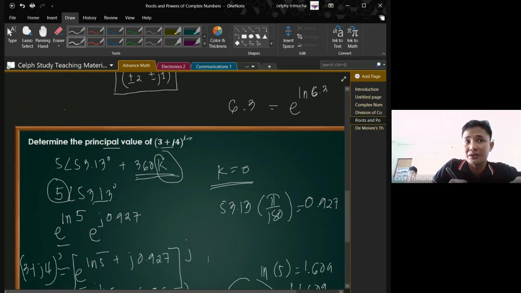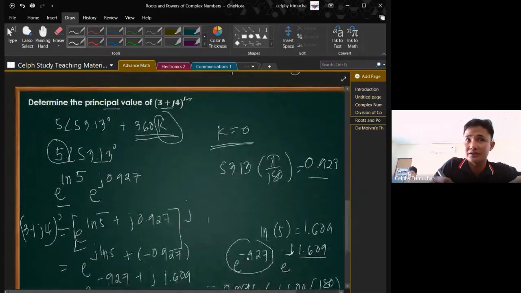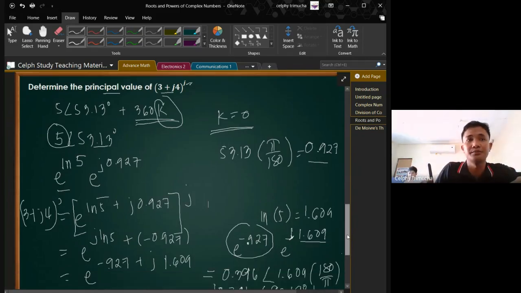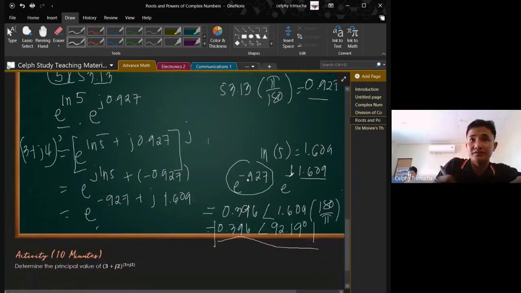Next, convert your angle to radians by multiplying by pi over 180, then put it in the exponent, which here is j. Distribute j times ln 5 and j times 0.927, then manipulate the equation until you arrive at the exponential final answer.